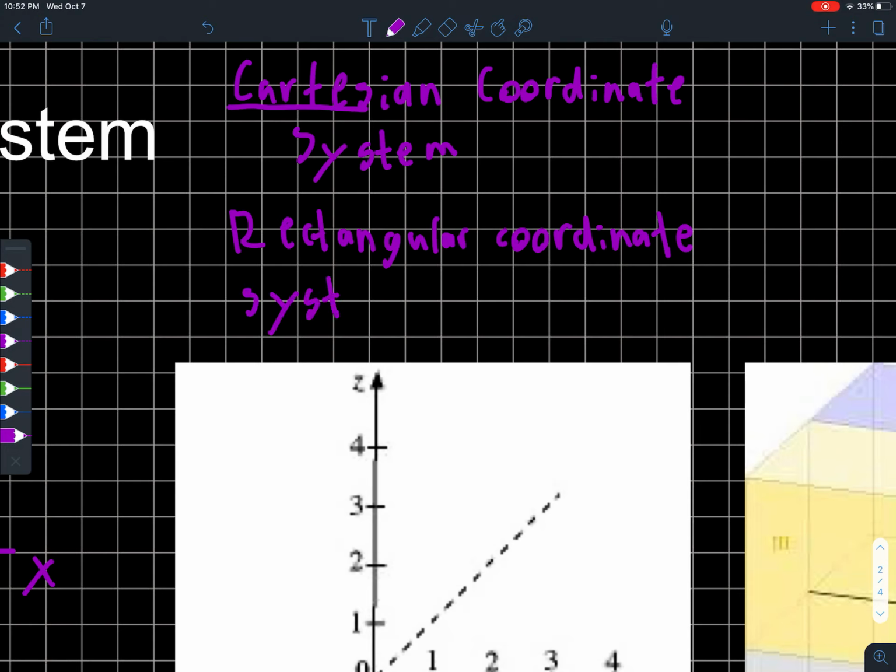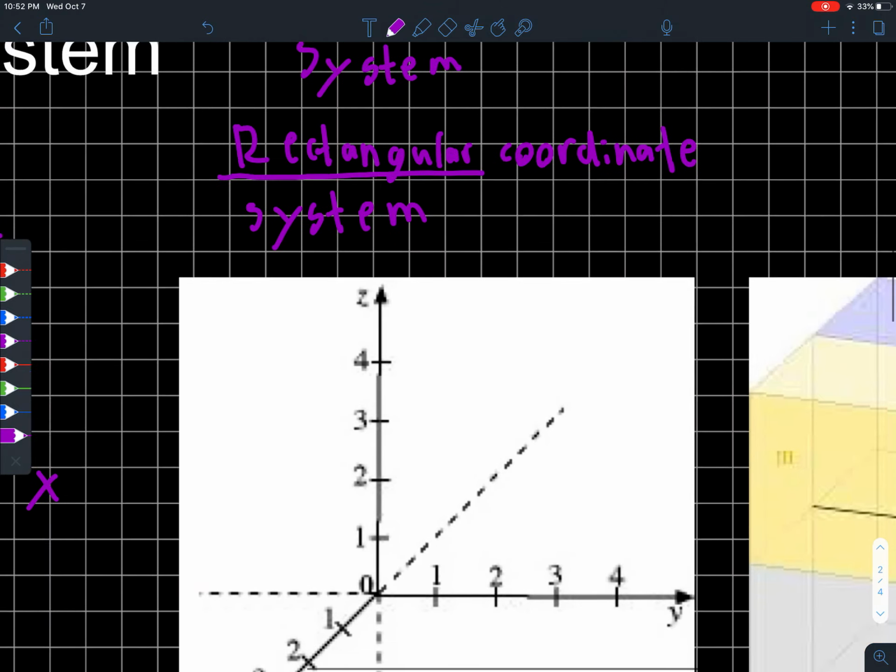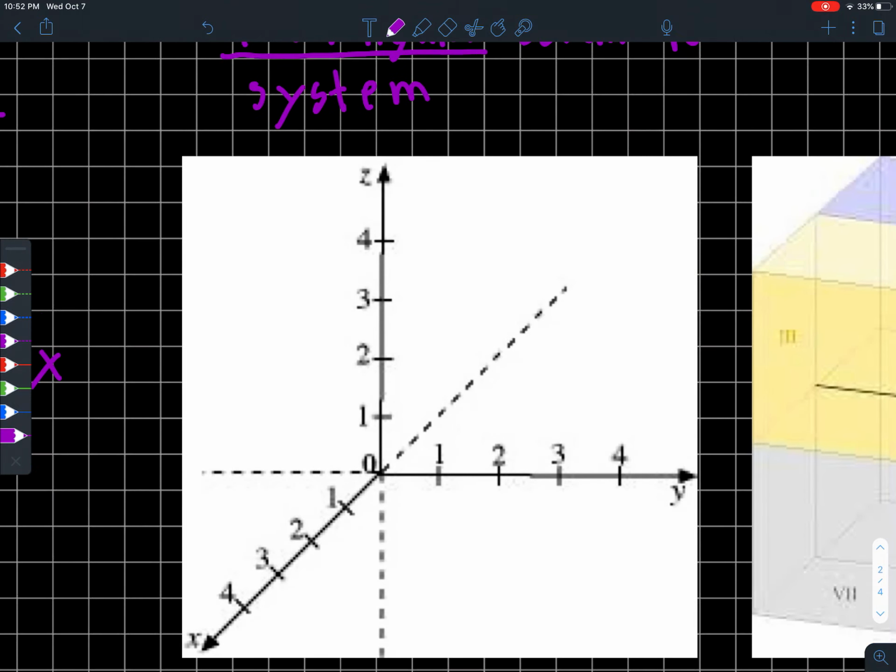And this is actually kind of important. Pay attention here. The reason it's called the rectangular coordinate system is because of how you can define a point in this coordinate system. Let's say you've got this point right over here. You want to know where this point is relative to our origin, which is right here.